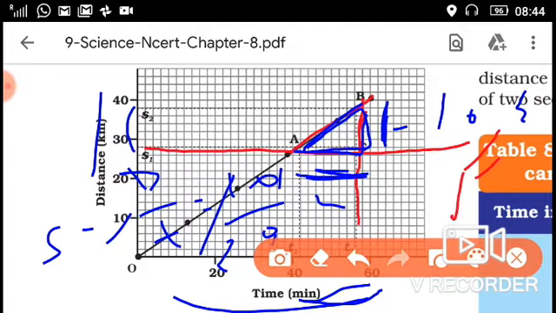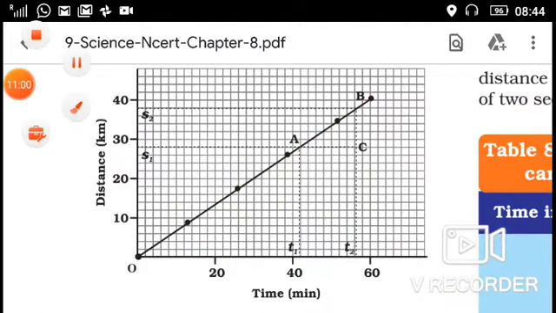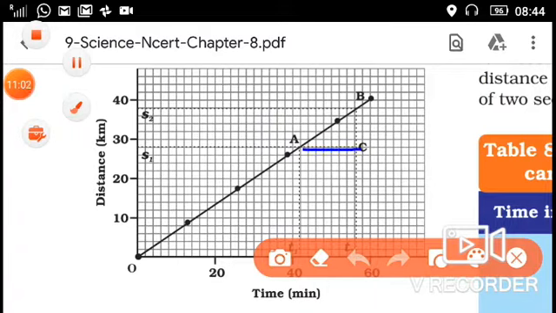Or suppose this is a triangle. This triangle is formed. Then we have to find speed. What is given in the NCERT, I am explaining this now. This portion is the distance.